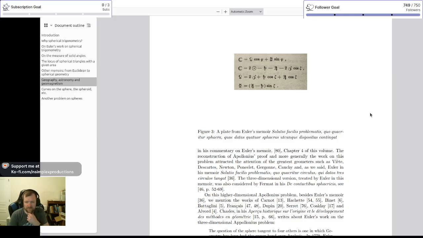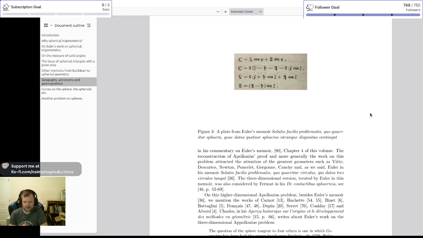The three-dimensional version treated by Euler in this memoir was also considered by Fermat in his De contactibus sphaericis. On this higher dimensional Apollonius problem, besides Euler's memoir, we mention the works of Carnot, Hachette, Binet, Battaglini, Français, Dupin, Serret, Coqueret, and Alvord.